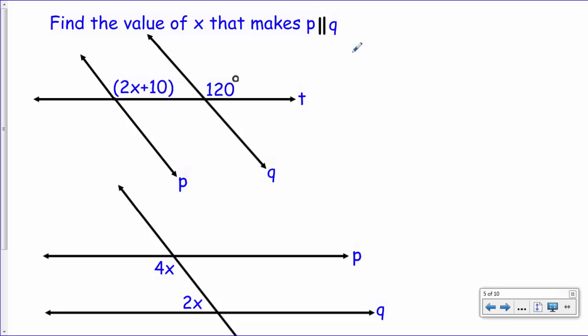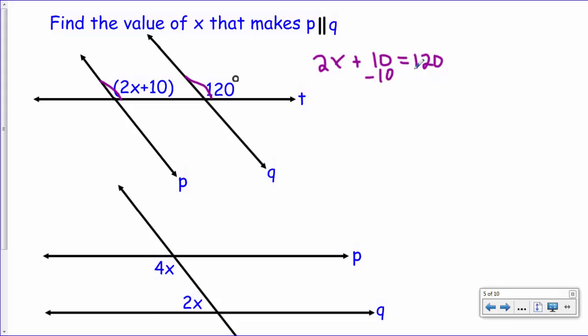In the next example, we'll solve the equation. To solve it, we identified these two angles. Once again, we know that these two angles are corresponding angles. We know corresponding angles are congruent or equal. So we set 2x plus 10 equal to 120 and solve for x.